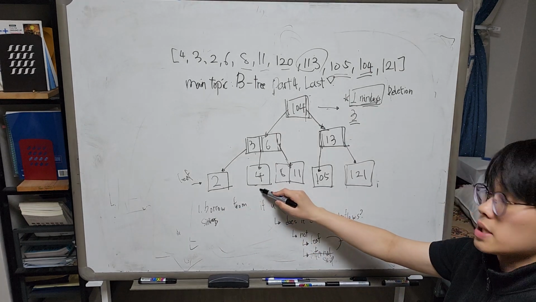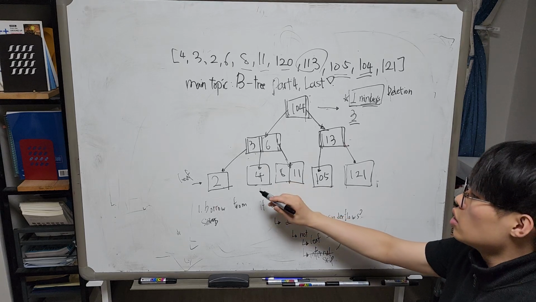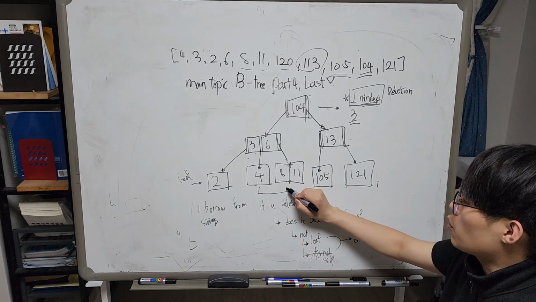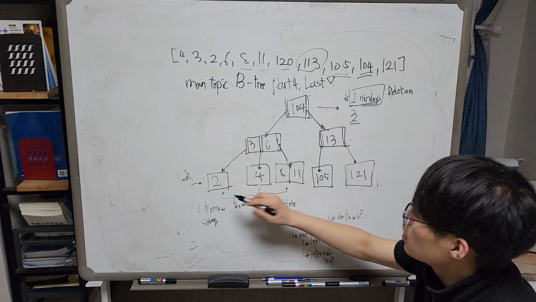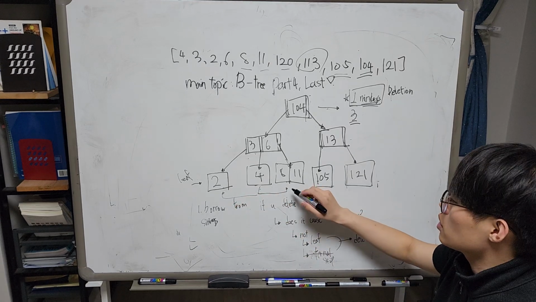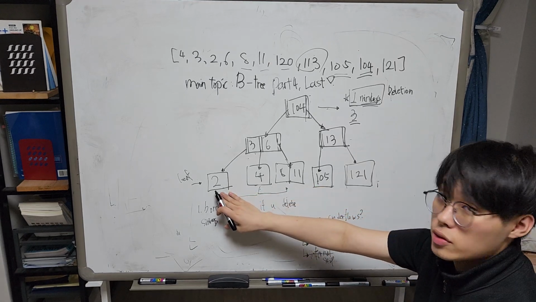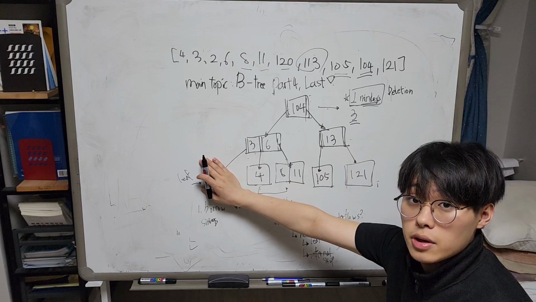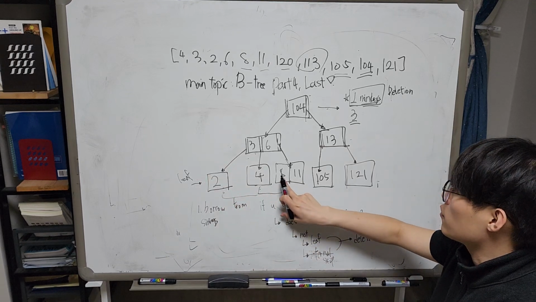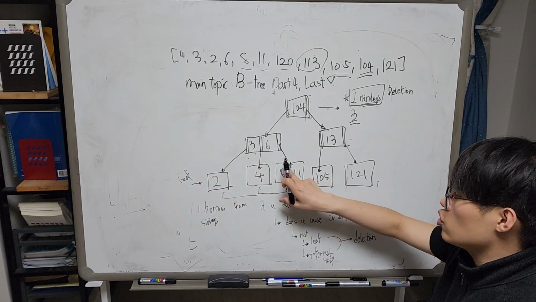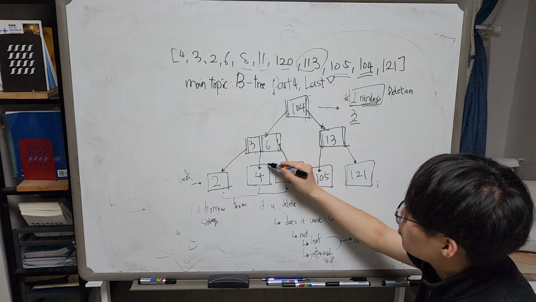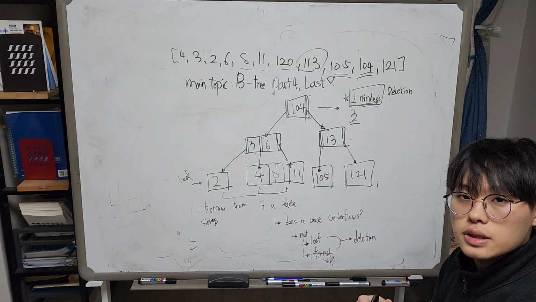Which means you have to check the children of here. For example, you cannot borrow from the 2 because if you borrow from the 2, it's going to underflow. But you can borrow from the 8 here. So you can delete it and put it in this part. That's kind of easy, right?